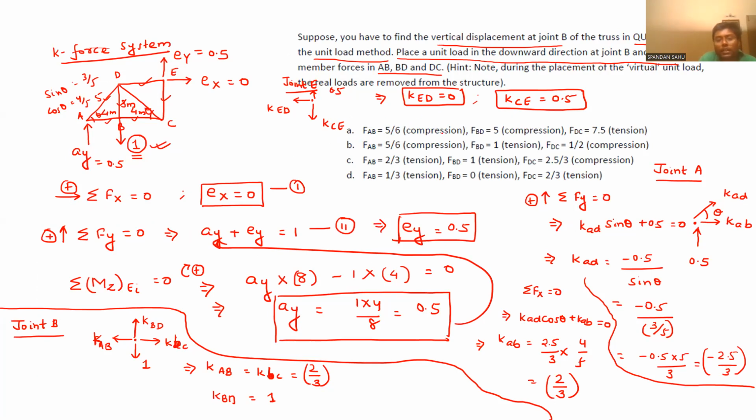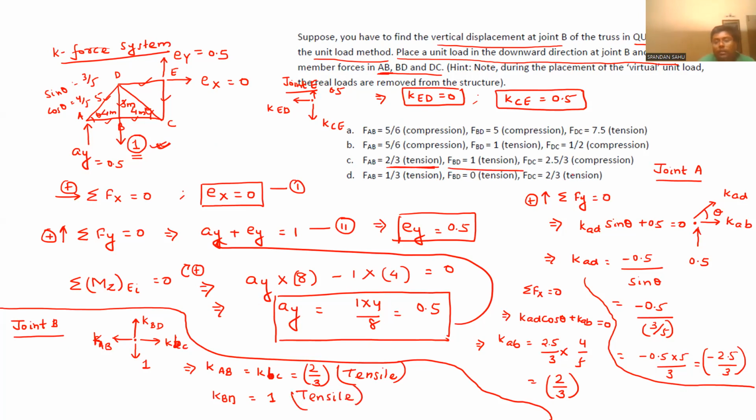Now for this 1 unit load, we need to calculate the member forces in AB. So in AB, we got 2 by 3, and that is positive, means tensile. So FAB equal to 2 by 3 tension. And FBD we got 1, and 1 is positive, means that is also tensile.